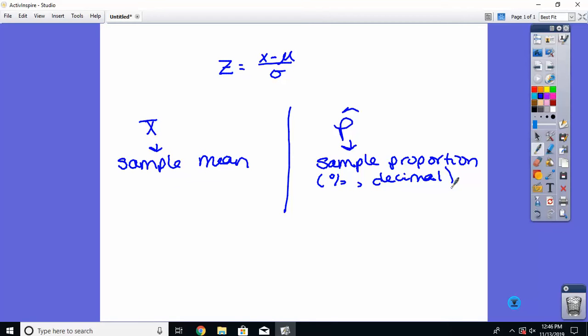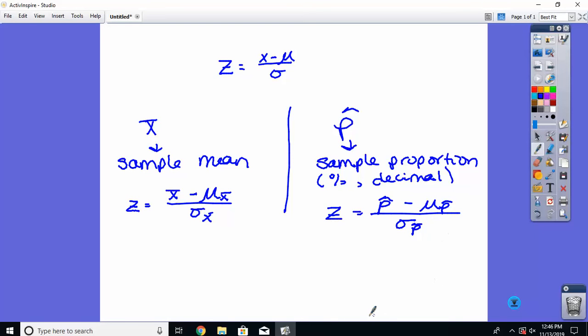If my problem is talking about x bar, then when you find your z, you're doing your x bar minus the mean of your x bar over the sigma of your x bar. If I'm talking about your p hat, your z is the p hat minus the mean of your p hat divided by the standard deviation of your p hat. So you have to watch so you know what mean and standard deviation to use. Does that make sense to everybody?